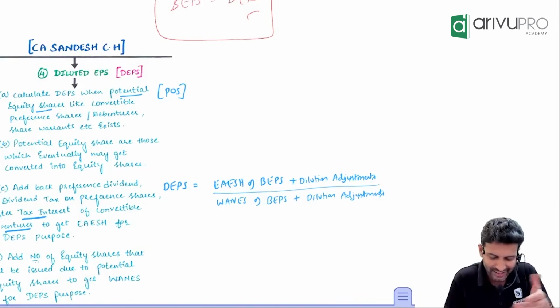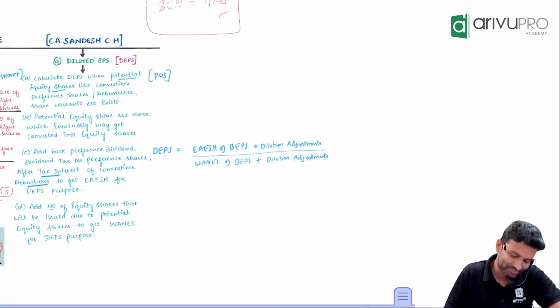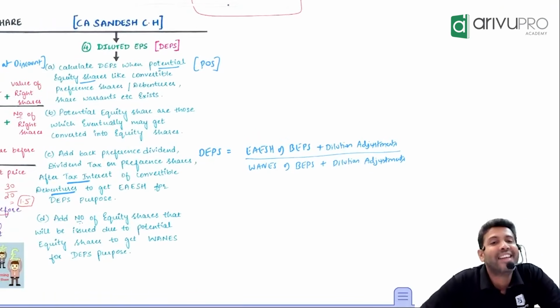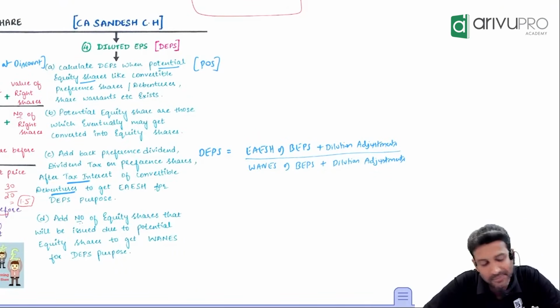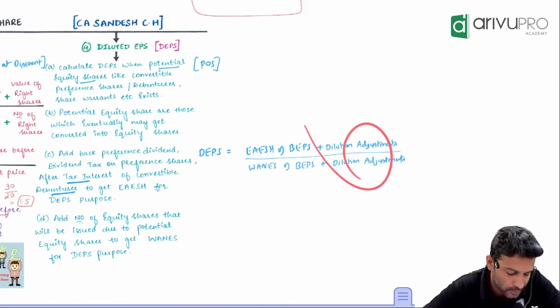For your standard, this is all. Can we take up one question just to understand this dilution adjustment a little better?